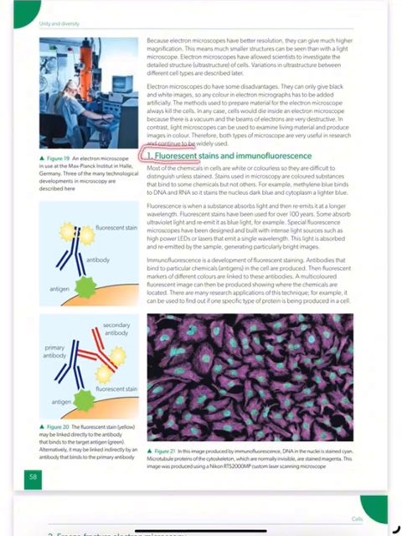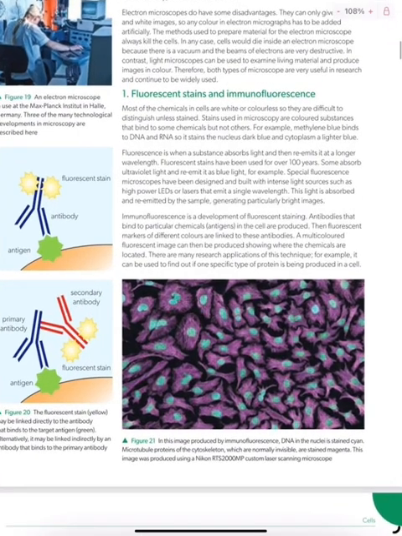The first being fluorescent stains and immunofluorescence. So basically most of the chemicals in cells are white or colorless, so for us to be able to see them, they need to be stained. And this technique uses stains that bind to some chemicals but not others.